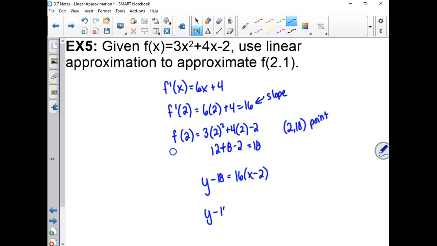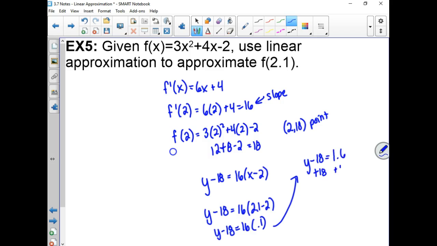So y minus 18 equals 16 times 2.1 minus 2. So we get 16 times 0.1. So y minus 18 is 1.6. We add 18, and y is 19.6.